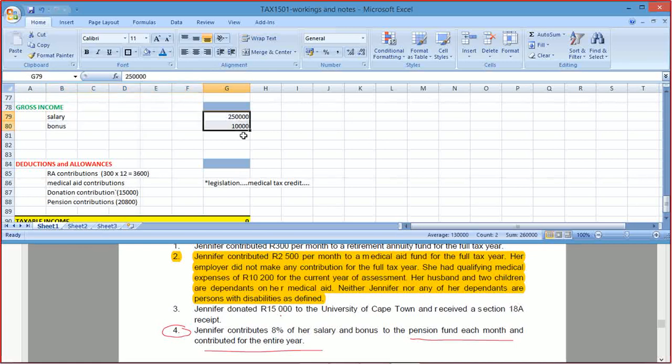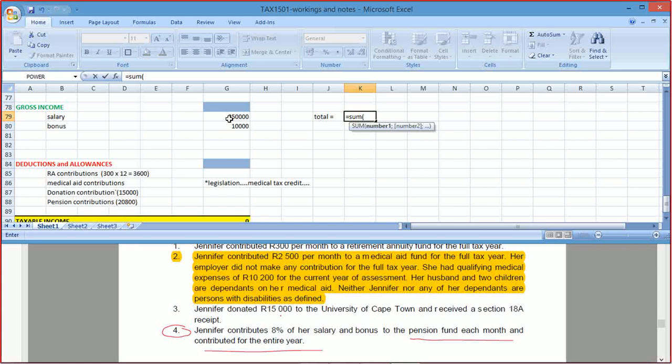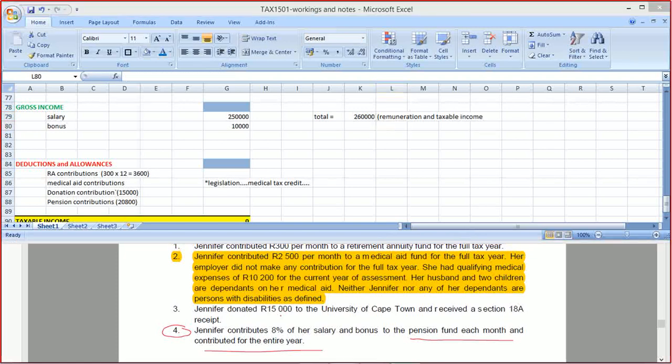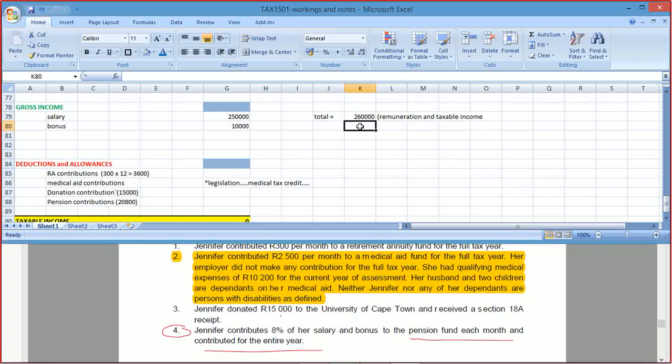So this amount that we're going to add up, total equals, sum up that, this 260 is remuneration and taxable income. Does that make sense? Yeah. Okay, so if I've got 260 as her remuneration and taxable income, we need to know what the percentage limit is.